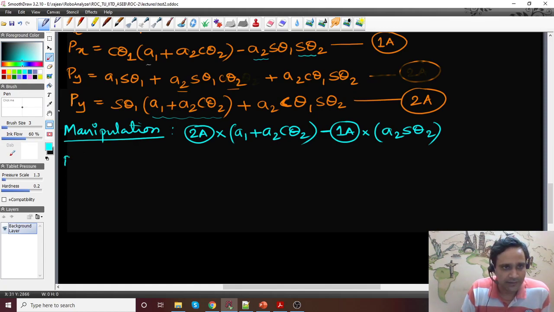So let me write it like this: py, into the LHS also will be multiplied by a1 plus a2 cos theta 2.